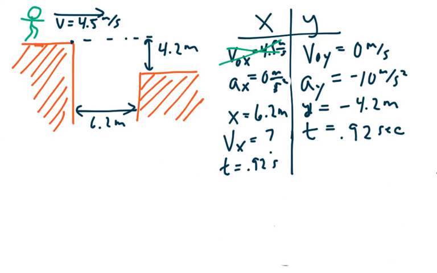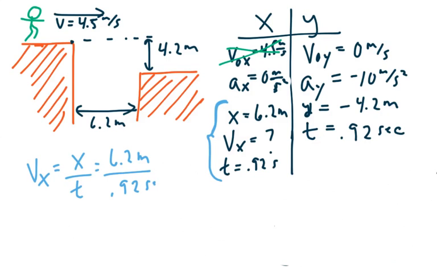Now I can use this simple relationship based on how far he needs to go in the x direction. In that 0.92 seconds, I can solve for the velocity he would need. He needs to travel 6.2 meters in 0.92 seconds.